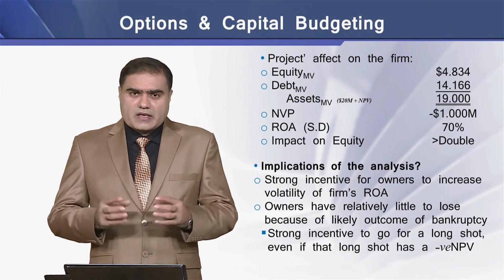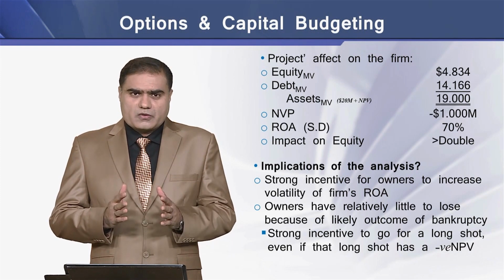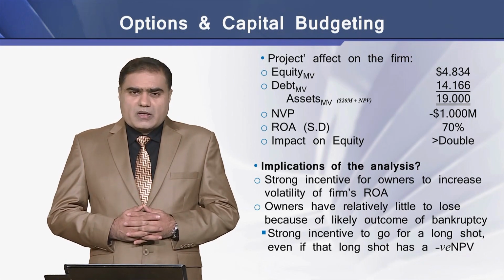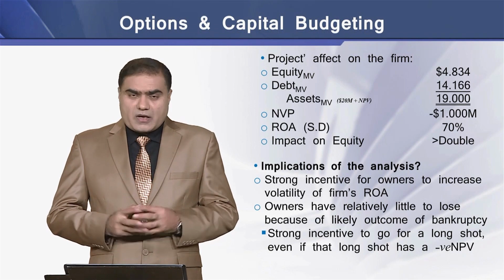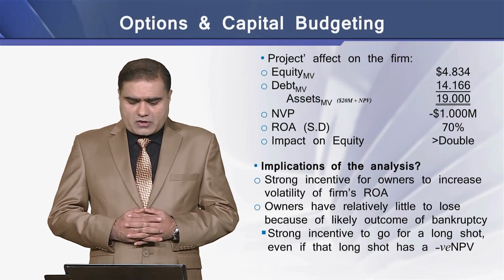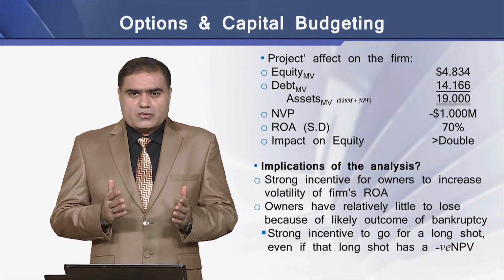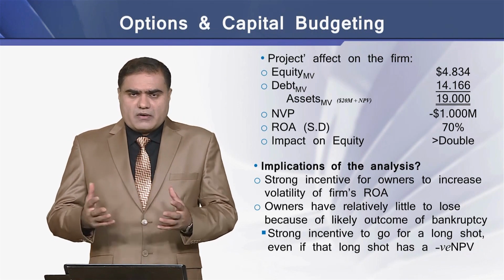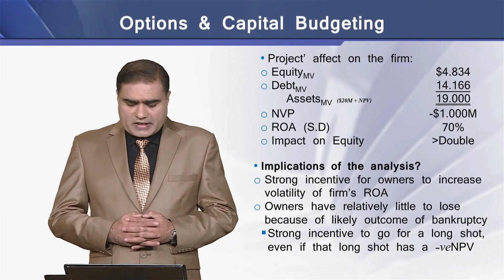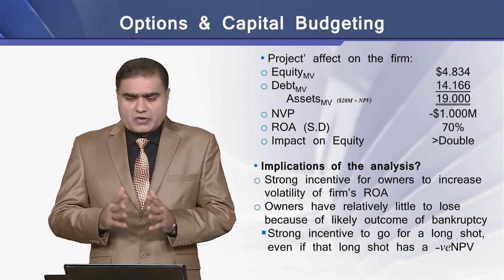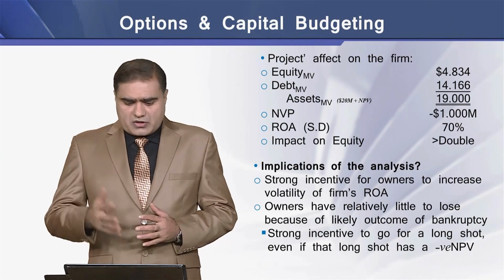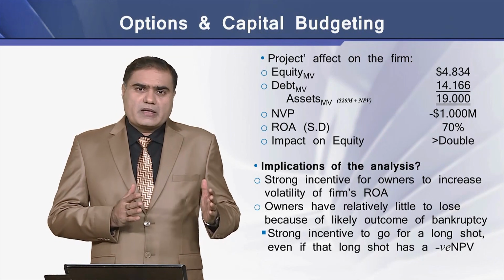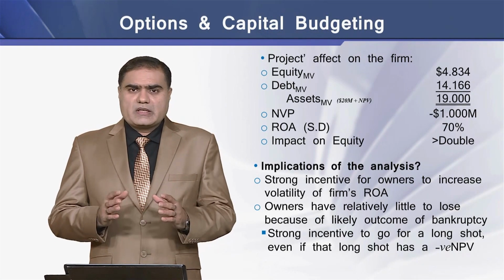We see that there is a strong incentive for the owner of the firm to increase volatility on the return on the firm's assets, because now the owners have relatively little to lose given the likelihood of the firm becoming bankrupt. Due to this reason, there is a strong incentive for the shareholders to go for a long-short position, even if that has a negative NPV, as we have seen in this example.